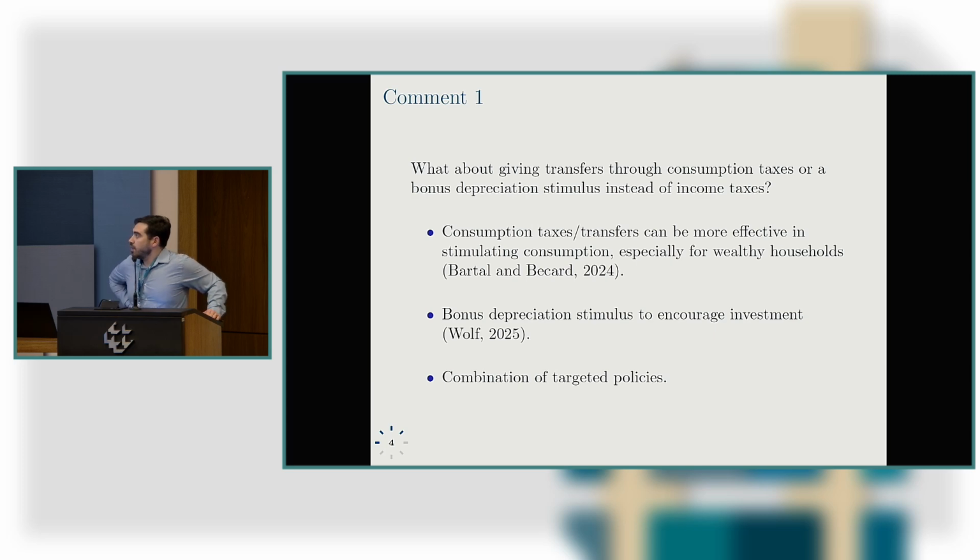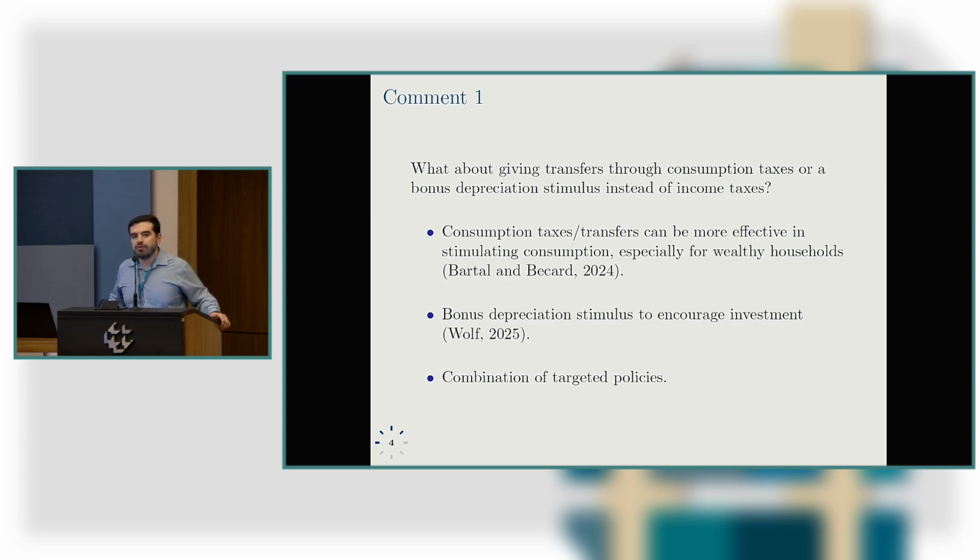income of the household. So for me, one of the questions that appears in the application of this type of transfer is, what if we compare directly consumption taxes, and then take off the consumption taxes? This is particularly relevant for wealthy households, because when the government gives transfers to wealthy households, they basically don't spend the money, they save it, in comparison to low-income households.